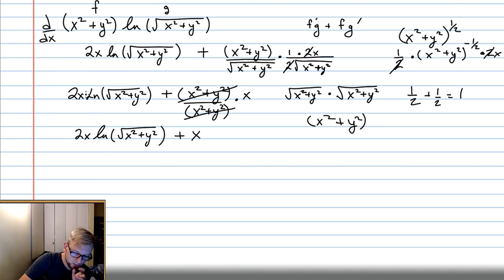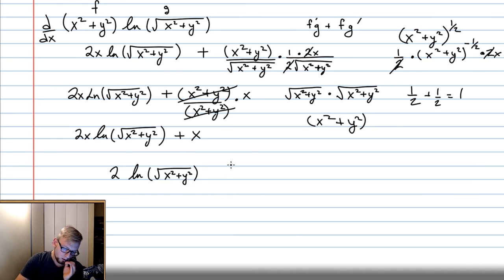And then I'll show you over here. So log rules, we have 2 natural log of the square root of x squared plus y squared.